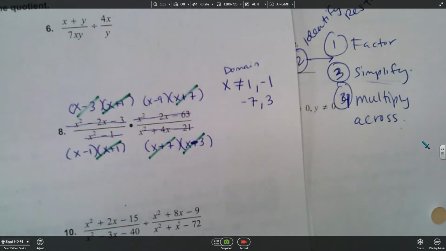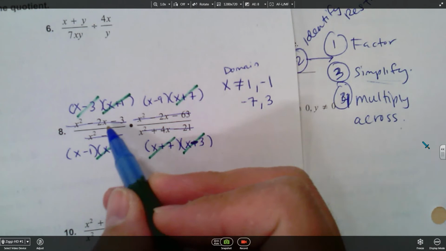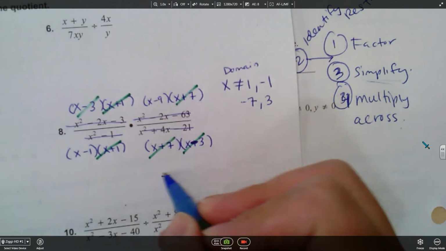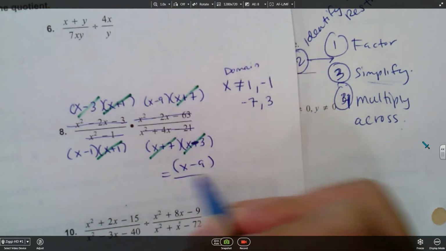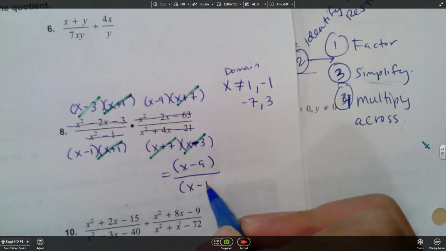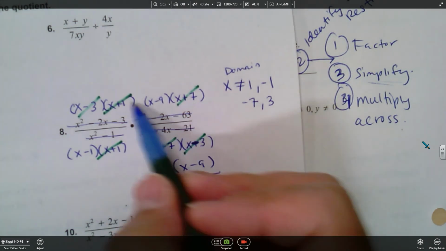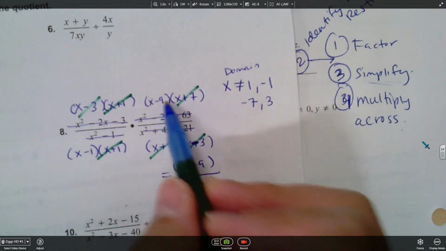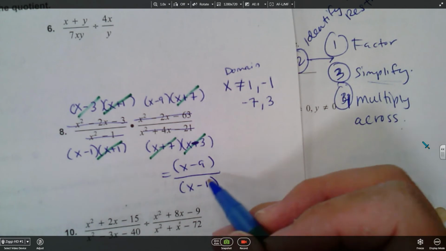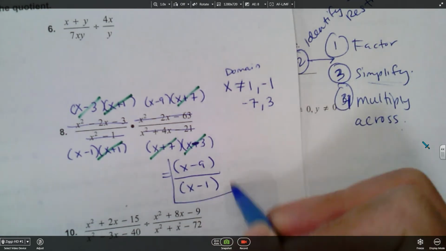These got divided out to 1. That's what's left, and then you're just going to multiply across. So you just have an x minus 9 at the top, and then you just have left an x minus 1. And that's what we mean by just multiplying across. There was nothing to multiply the x minus 9 by anymore. And you're done. That is all you need to do.